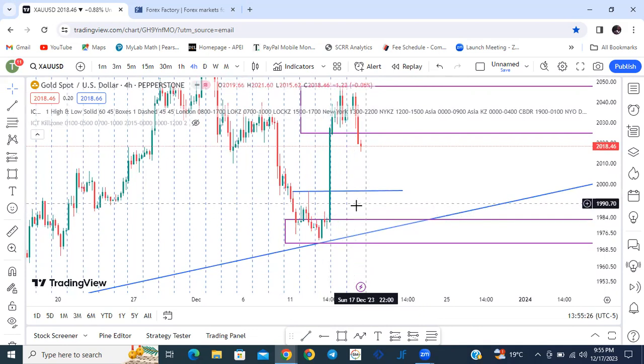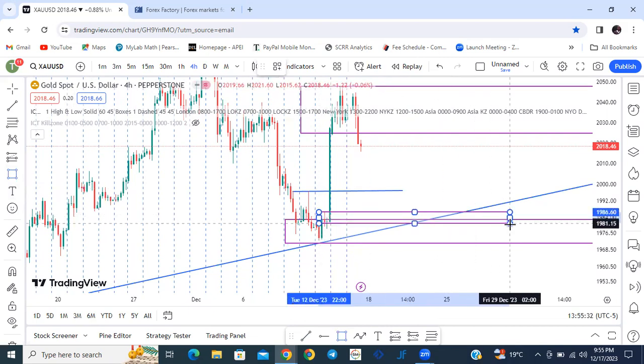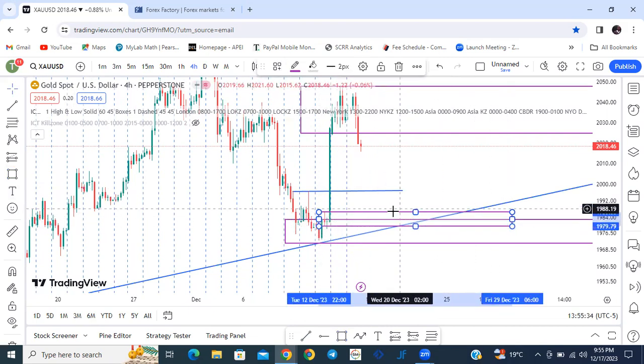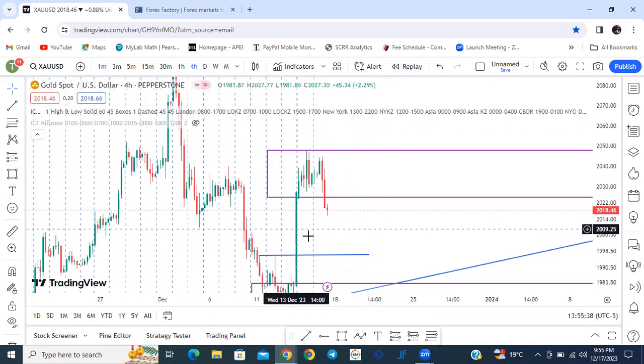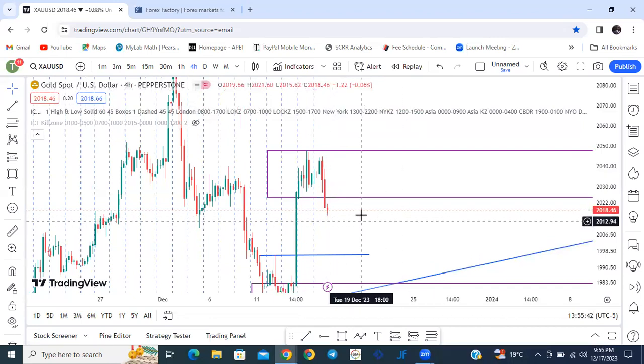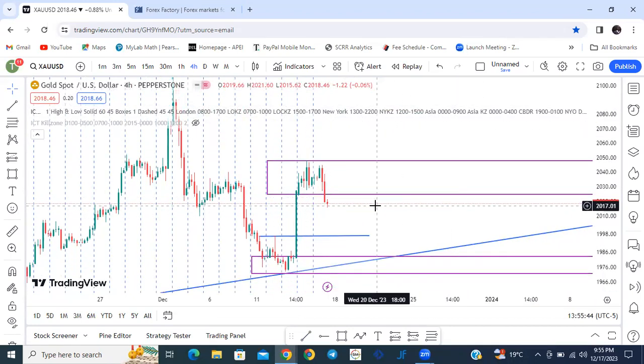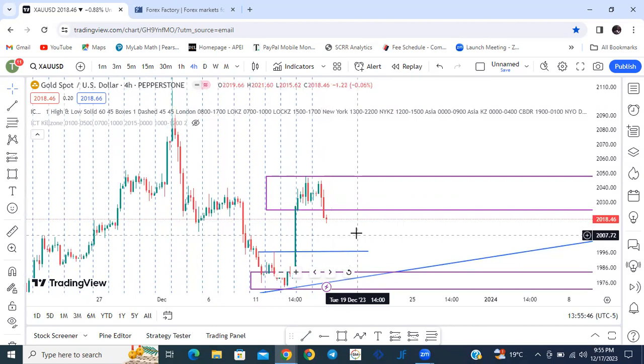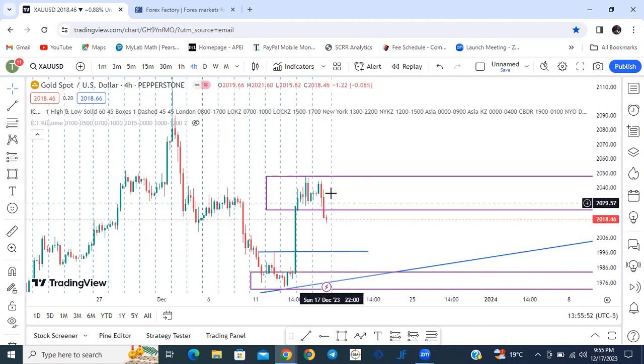It might push slightly downside here, maybe to these levels, like you have seen using the Fibonacci retracement, and then we see a move on the upside. If price does not make that move at that moment, the other scenario is that once the market opens, maybe we can see a push on the upside.